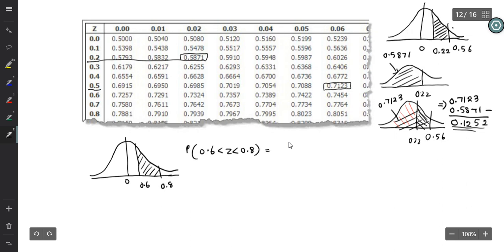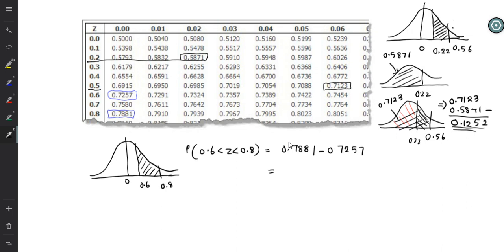Right? So you read all the way up to 0.8. 0.80. So it is 0.7881. Right? Yes, the one. And then you subtract the unnecessary part, that is 0.60. Here's the one. So you subtract 0.7257. So you get the answer. Right? You can find it.